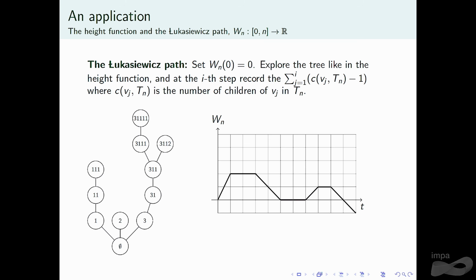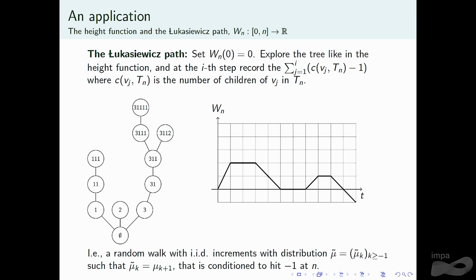And with this formulation here that I've written, it's maybe easier to see that this is pretty much a random walk with IID increments that's conditioned to hit -1 at time n, right?